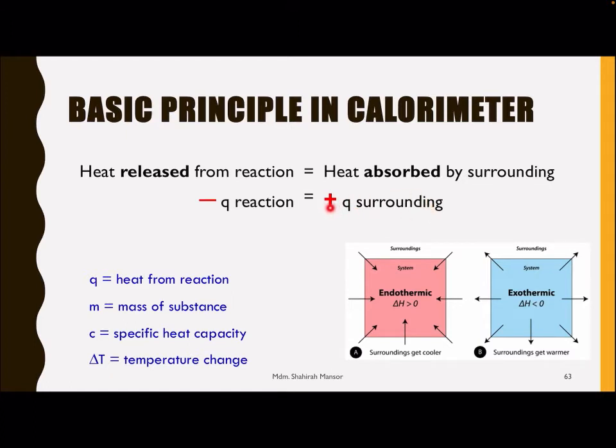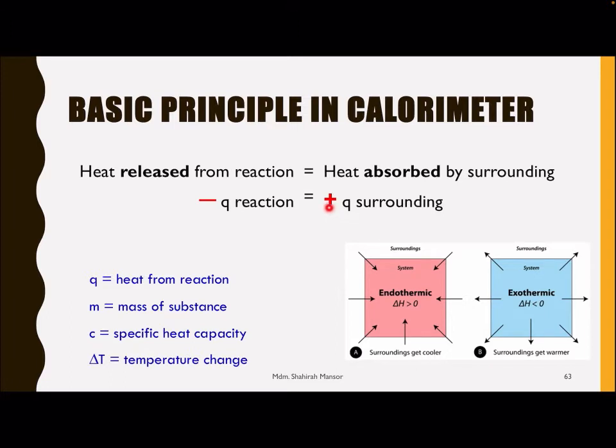That's why I mentioned in the previous slides that the amount of energy released from the reaction equals the amount of energy absorbed by the surroundings. What makes them different is actually the notation. Energy released from the reaction we put the negative sign, and energy absorbed by the surroundings will use the positive sign.